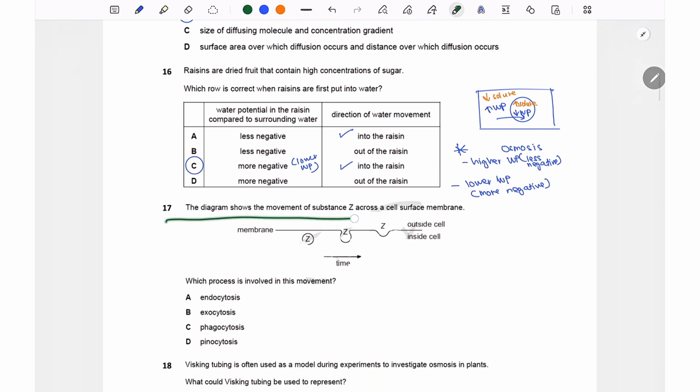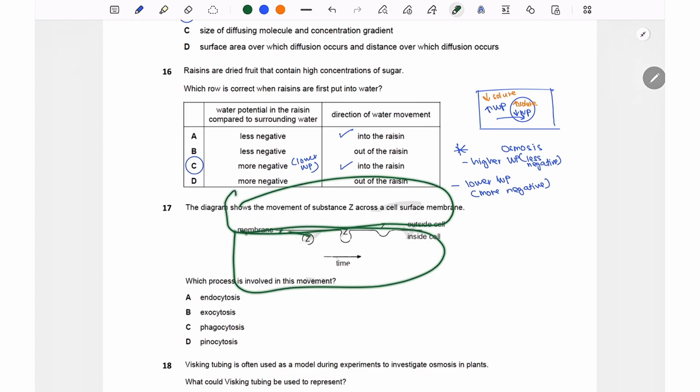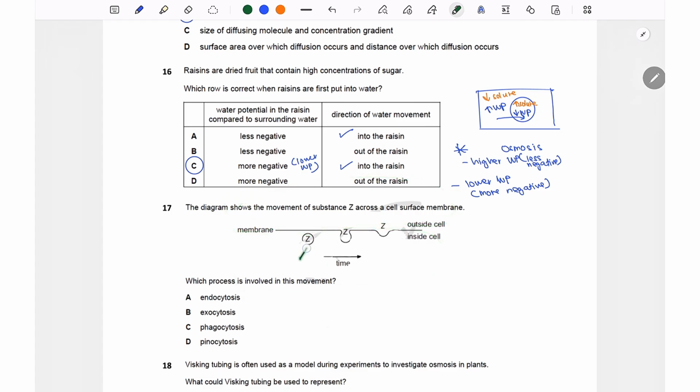The diagram shows the movement of substance Z across a cell surface membrane. This is inside and this is outside. You can see over time, it's inside the cell and then it's here and then it's outside the cell. So the movement is going outwards. Moving out is exocytosis.